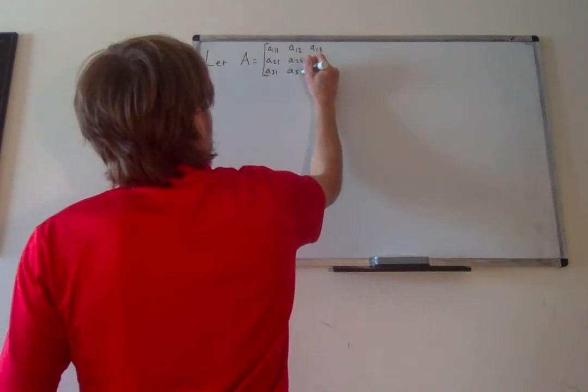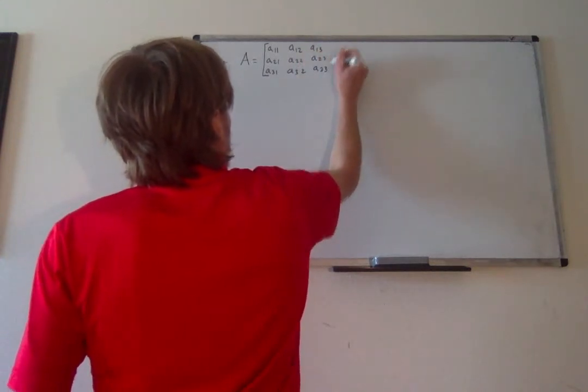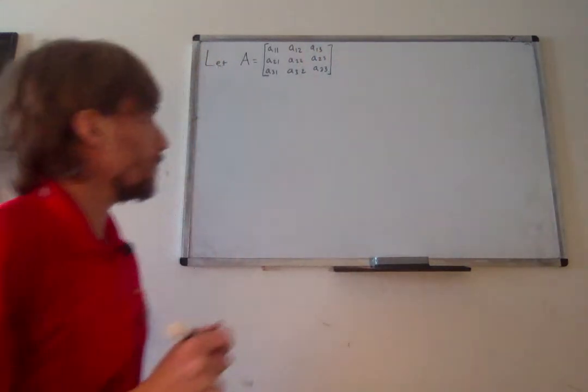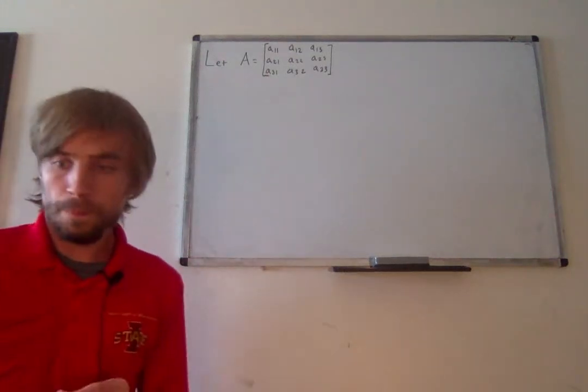Again, here we're indexing each of the entries by its row, then column.